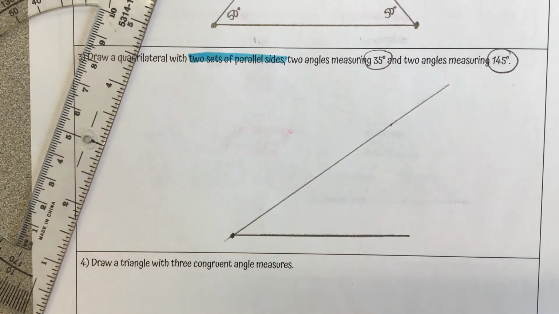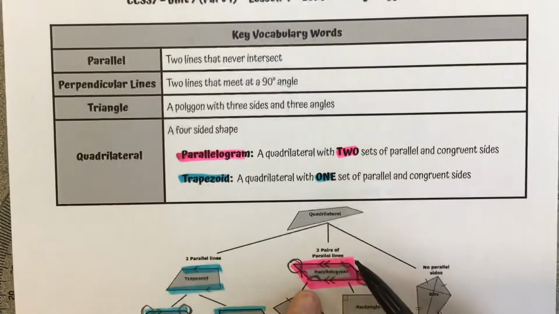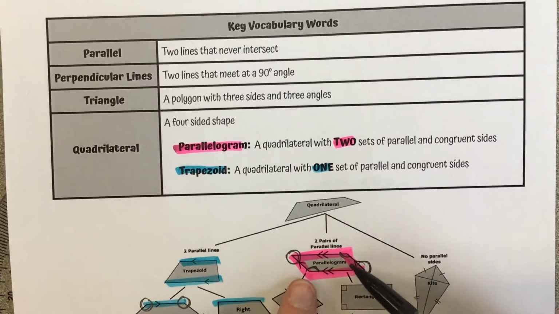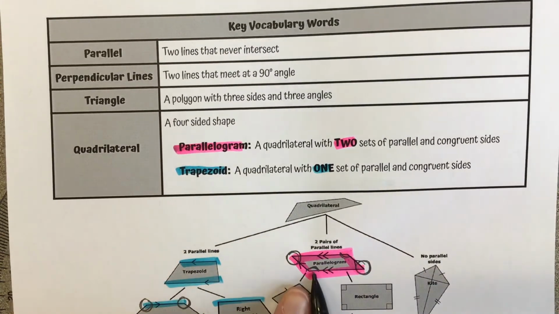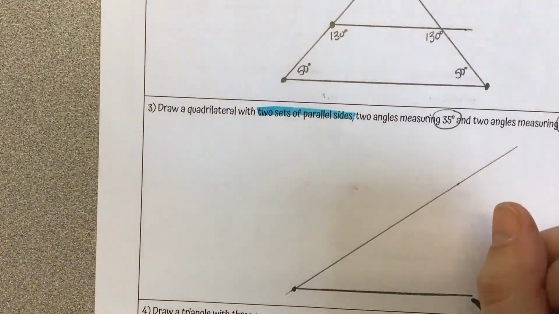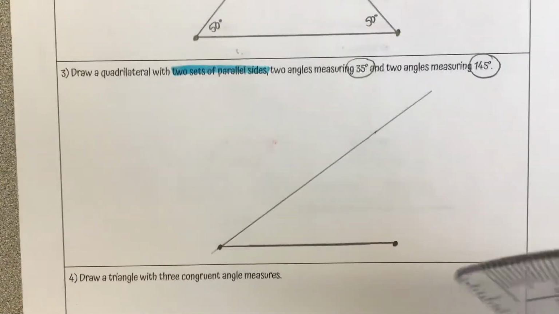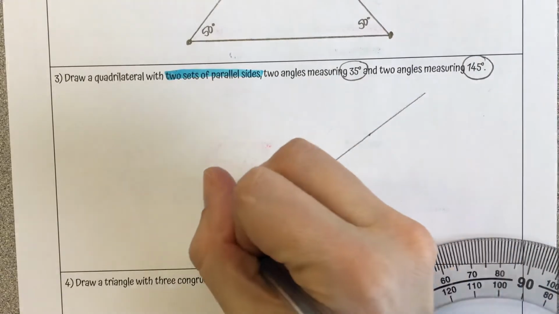145 degrees. Okay. What we need to remember is that for a parallelogram, these opposite angles are congruent. So if this is 35, that one's going to be the 145. So over here, maybe I pick this point right here. That is going to be our 145 degree angle because this is 35.